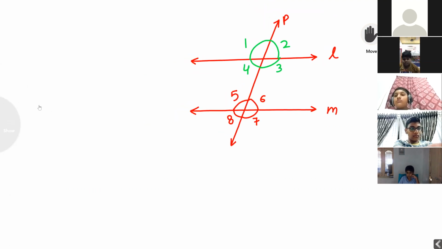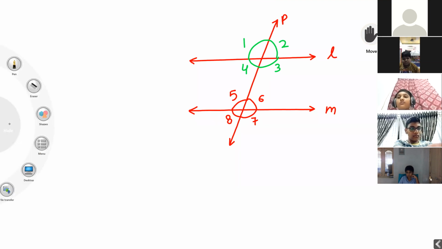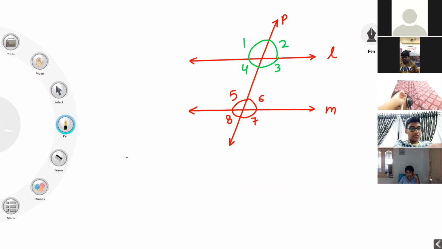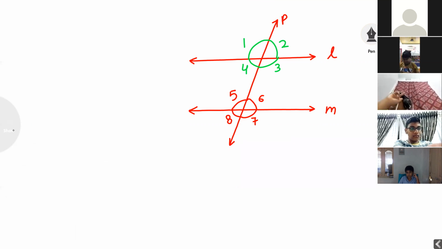Again, concentrate here in this figure. Just now I have completed two concepts, interior angle and exterior angle. Now the third concept is what? Vertically opposite angle. If one angle is opposite to another angle, that is called vertically opposite angle.